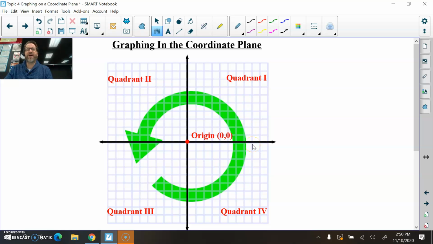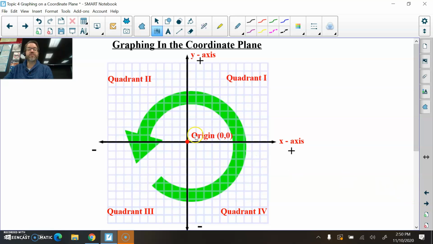We've discussed that in the last couple of days as well too when we were graphing those linear equations. But that's your origin. It's located at point 0, 0. Okay, so this horizontal axis is your x-axis, and the vertical axis here is your y-axis. And that's important for you to know as well.